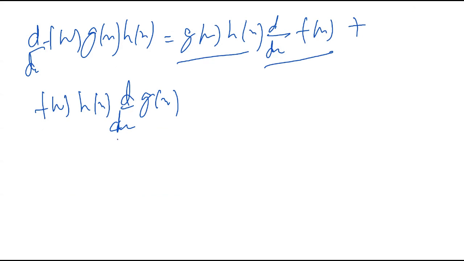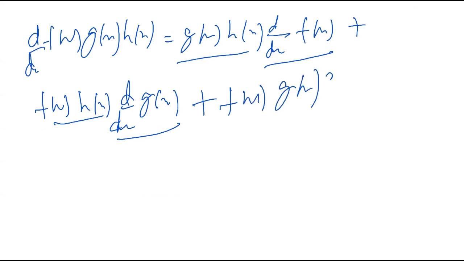Here you are differentiating g(x), and the other two remain as it is. Thirdly, you have f(x) g(x) and d by dx of h(x). This is the whole thing to be done here.